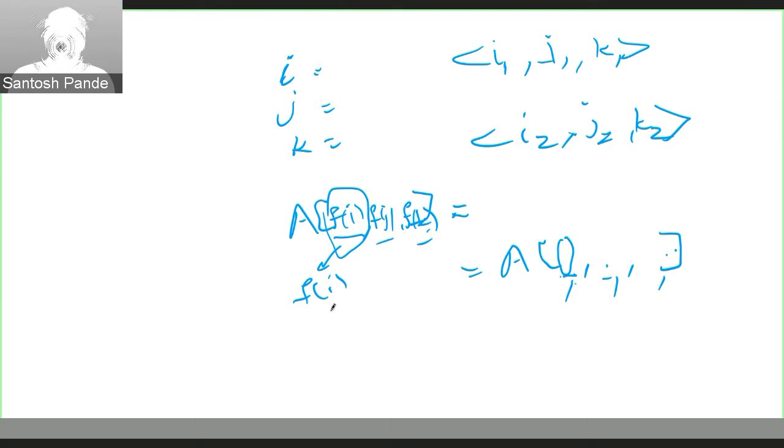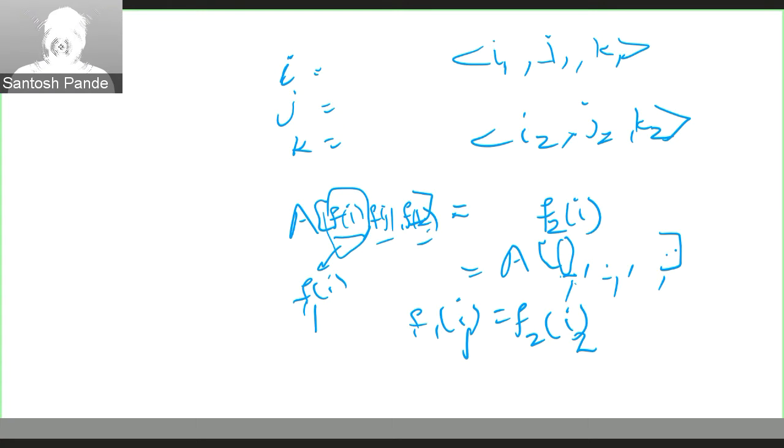But just to tell you, f1, which is the function of I, and let's say this should be f2 of I, I somehow find out f1 of I is equal to f2 of I, when this becomes I1 and this becomes I2. So function 1 of I1 is equal to function 2 of I2.